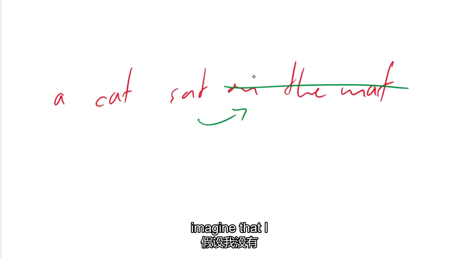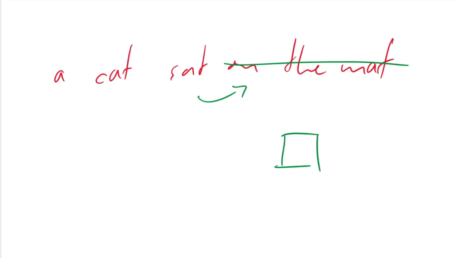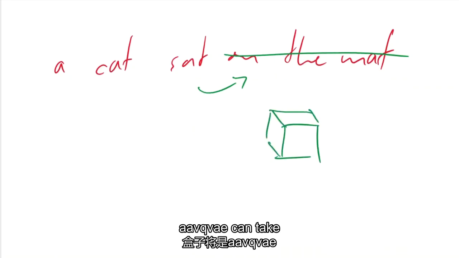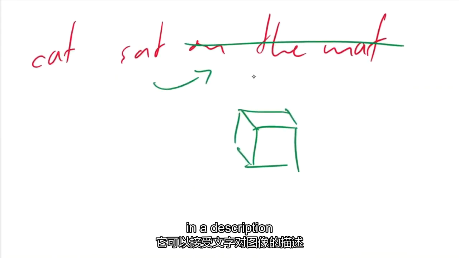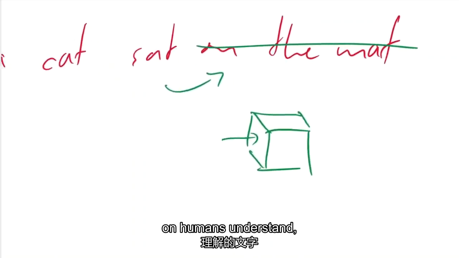Now imagine that I don't have a piece of text, but I have some sort of description of an image. Let's say I have a box, which is going to be a VQ-VAE, that can take in a description of an image in words, but not exactly words that humans understand.